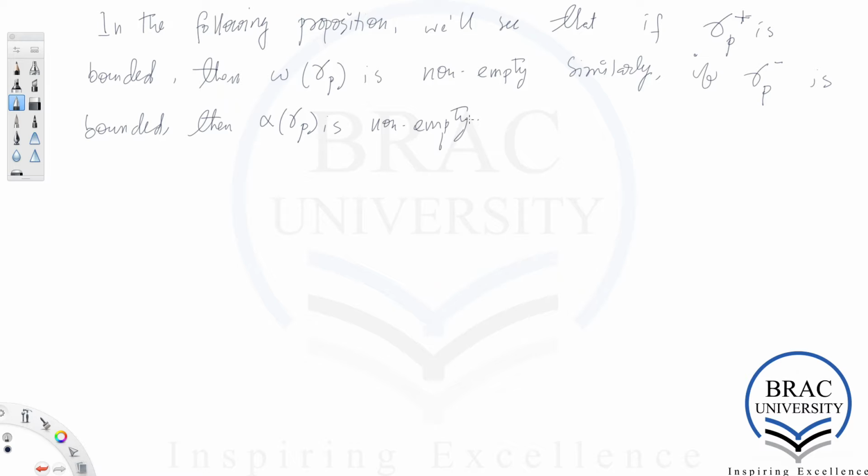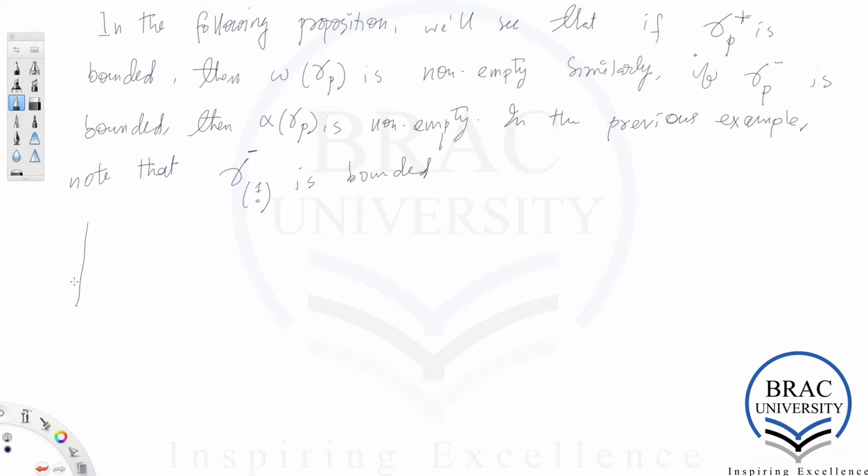So in the previous example, example 5 of lecture 3, note that the backward semi-orbit through 1, 0 was bounded, right?